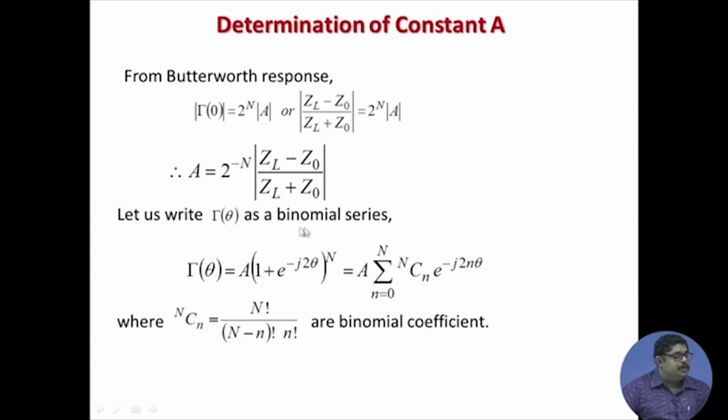Now, let us write this gamma theta as a binomial series, that means this is the binomial expansion. If you just work out, this can be written like this in terms of NCN, which is the binomial coefficient.